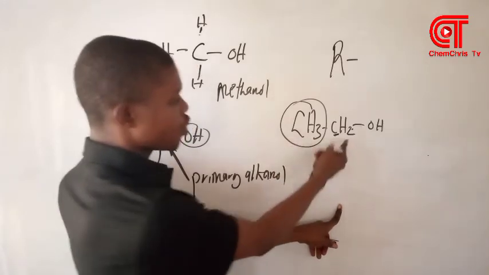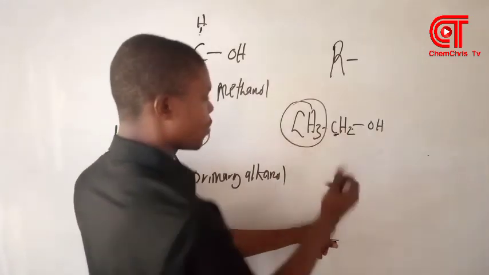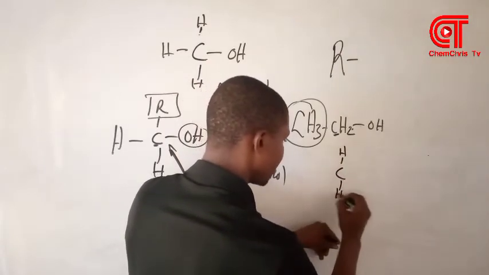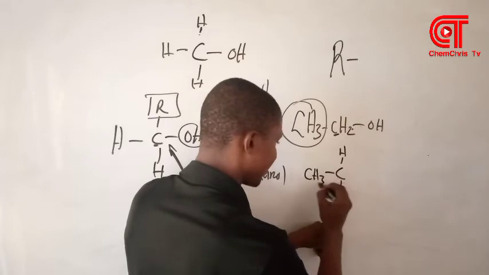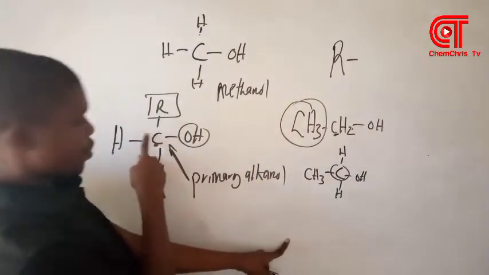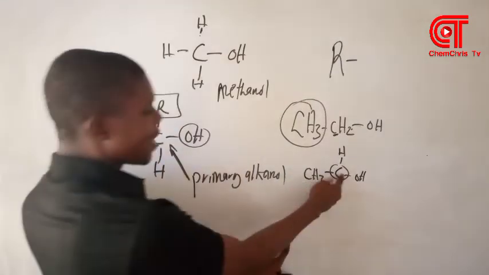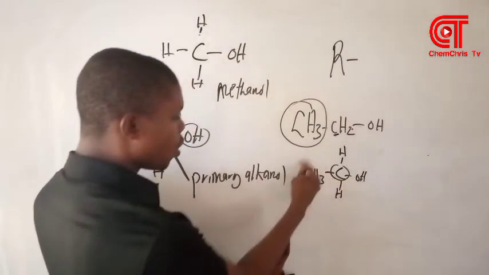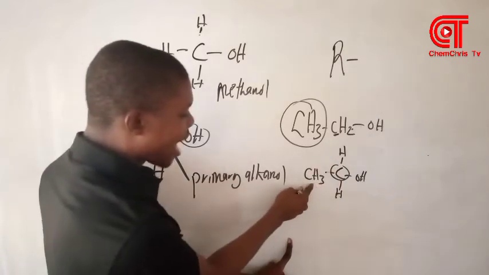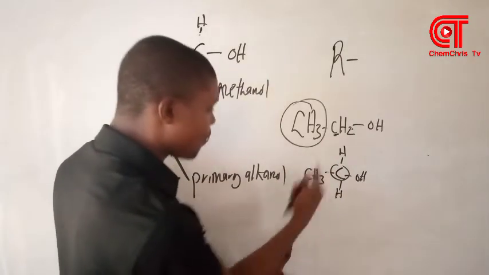If you look at it very well, this carbon atom is having two hydrogens and the OH, which fits this one here, right? So this carbon atom carrying the OH is having one alkyl group.